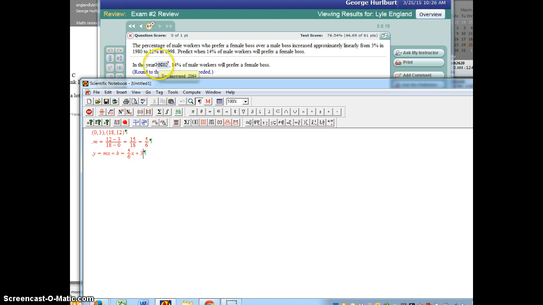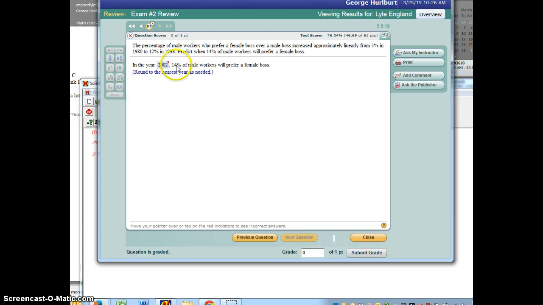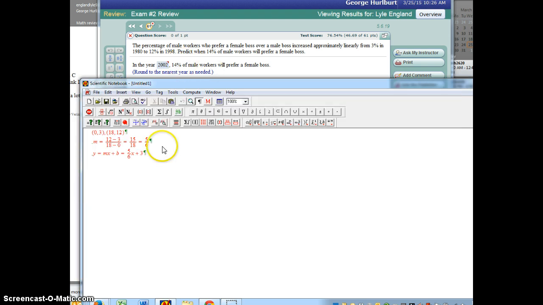Okay, so now they want the year when 14% of male workers. Now you got to remember what your numbers stand for here. This was 0, which was year. This was 3, which was percent. So when they're giving us 14%, that's a y number. So we need 14 equals 5/6 x plus 3.